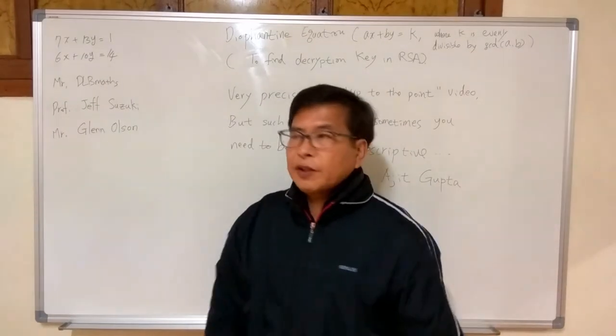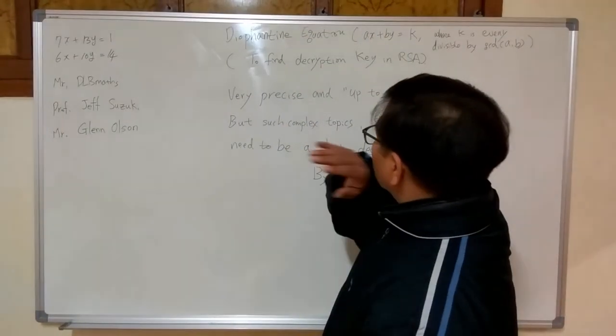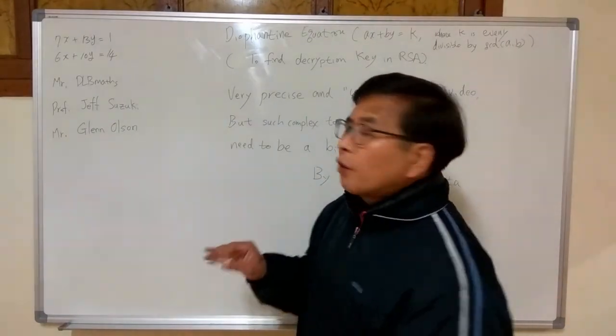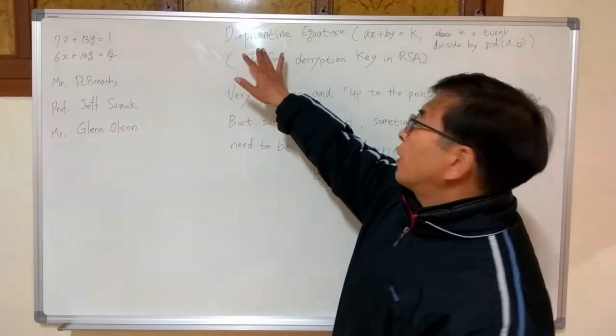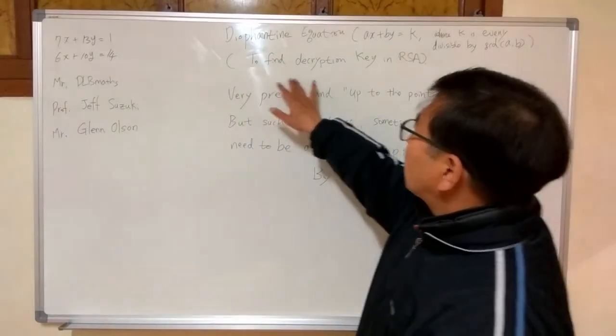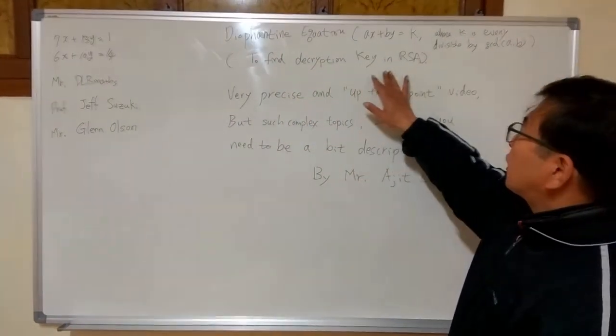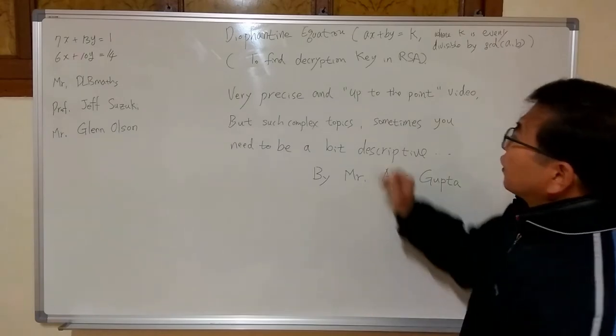In this session of the video, I am going to develop an algorithm for the Diophantine equation. The Diophantine equation is used to find the decryption key in the RSA algorithm.